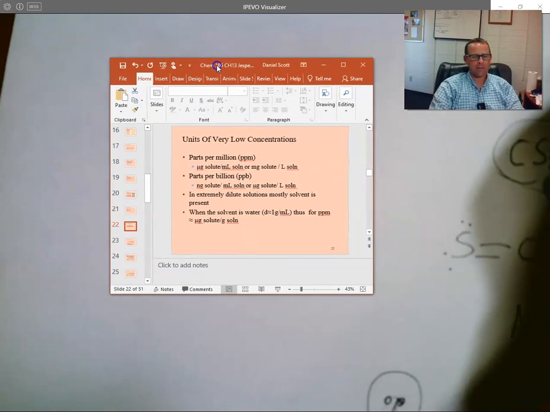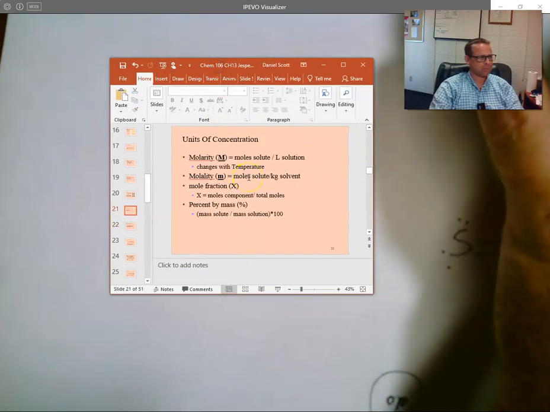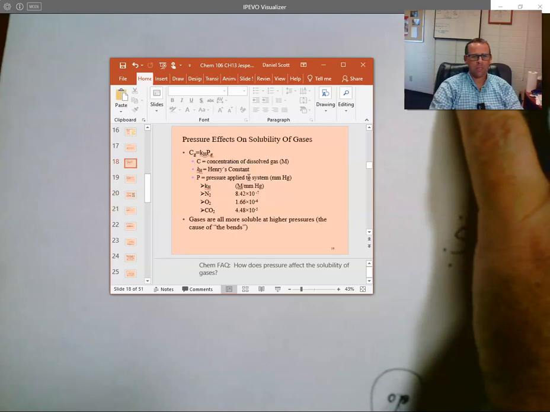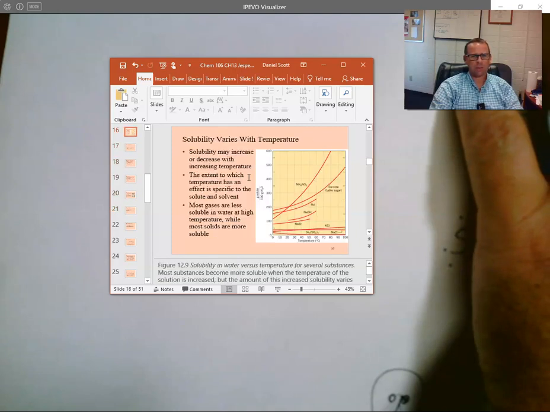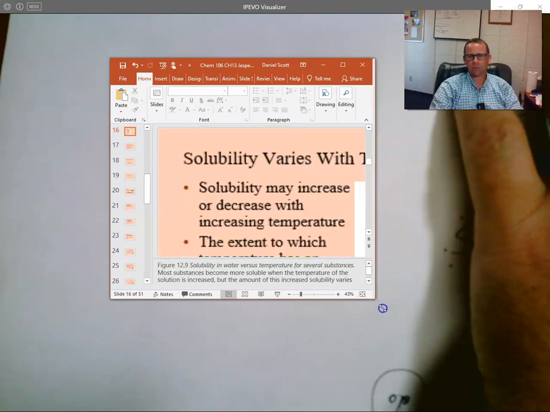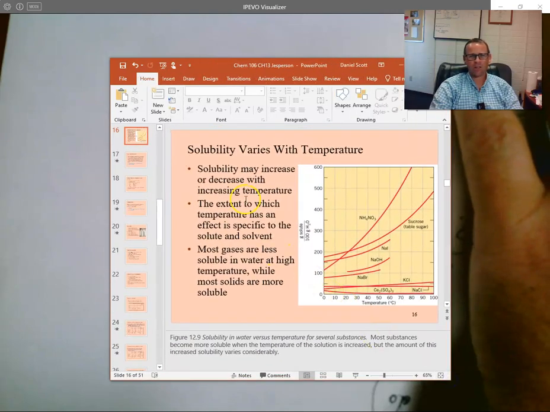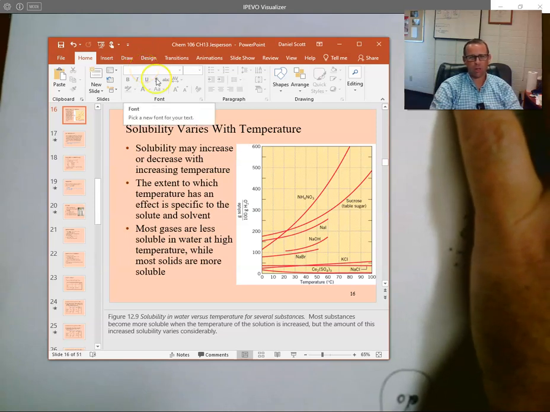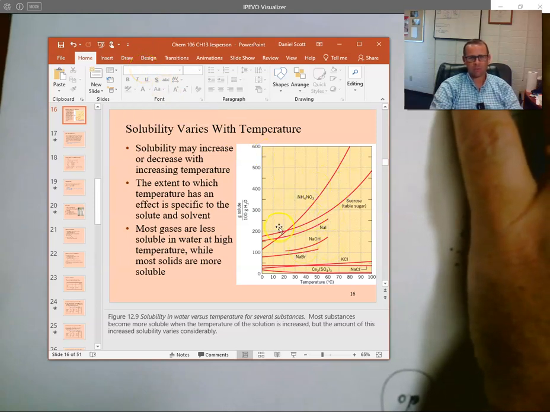Left off last time talking about a couple of different relationships between the solubility of solids in liquids, like salt or sugar in water. Here are some examples of different compounds and their solubility in water.